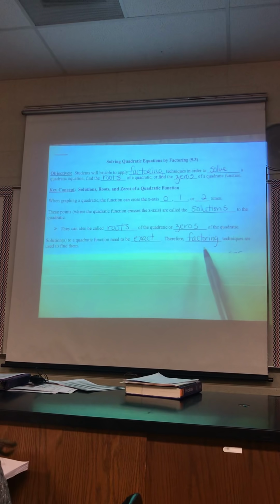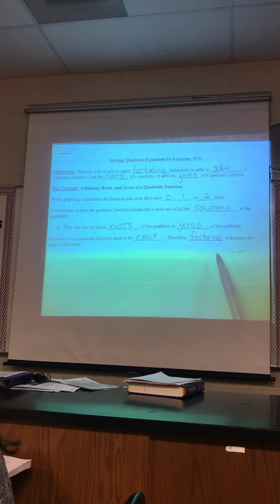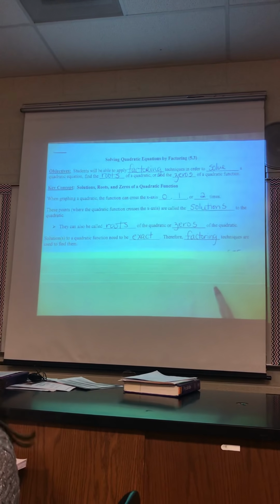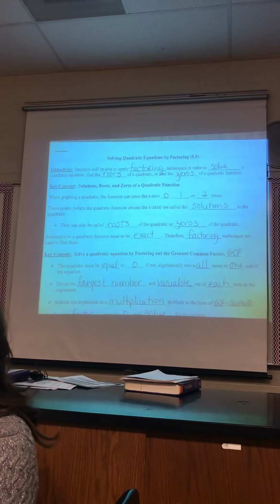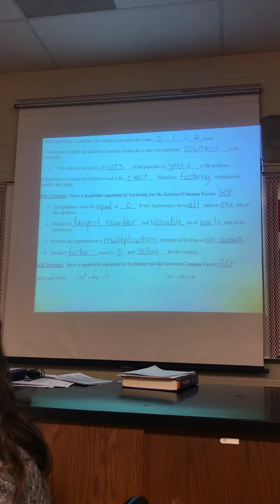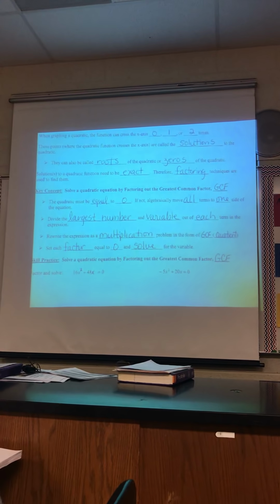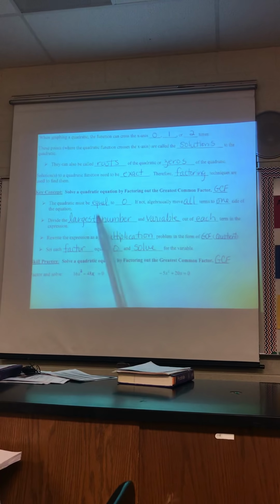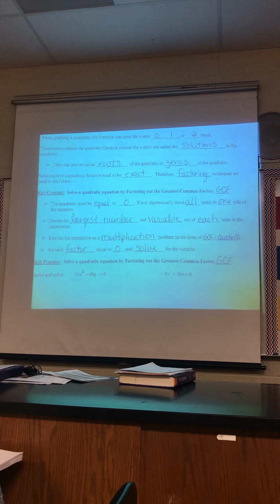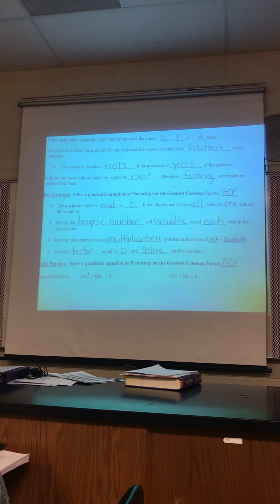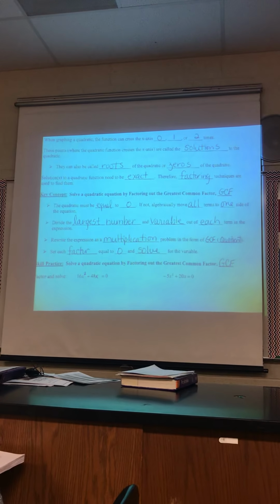Now, in past classes, we have used factoring. And the first thing we should do when we factor is look for the greatest common factor, or the GCF. In order to use the GCF, the quadratic must be equal to 0. If not, we have to move all the terms to one side of the equation.